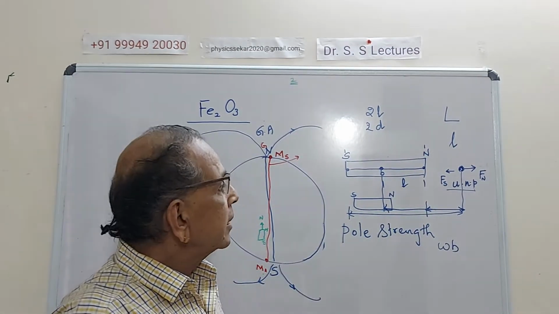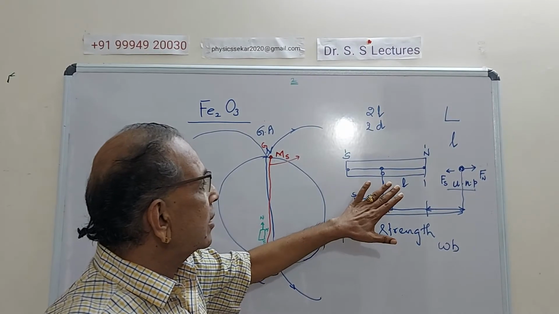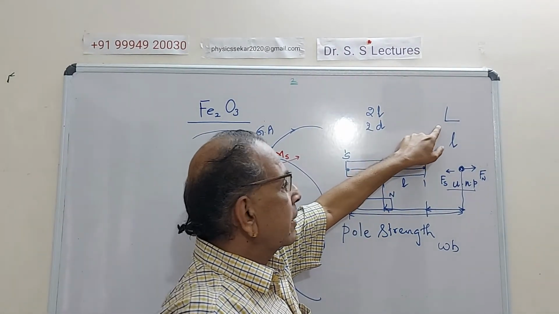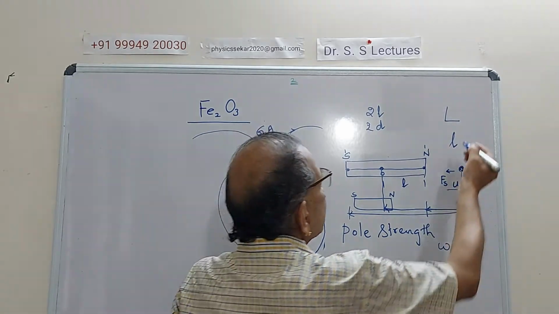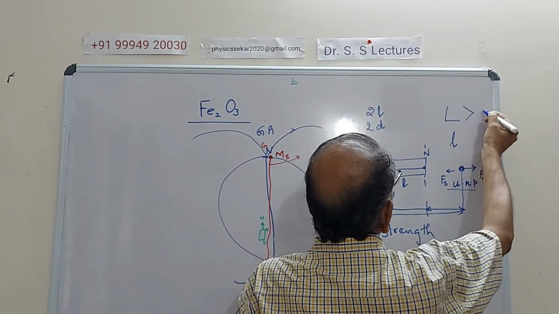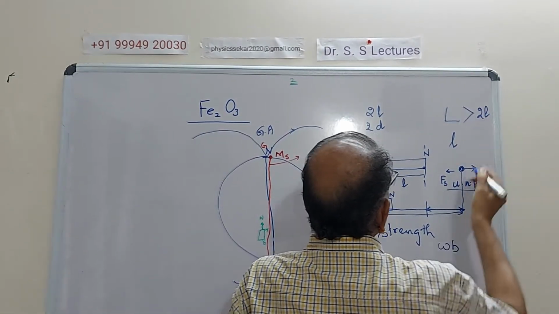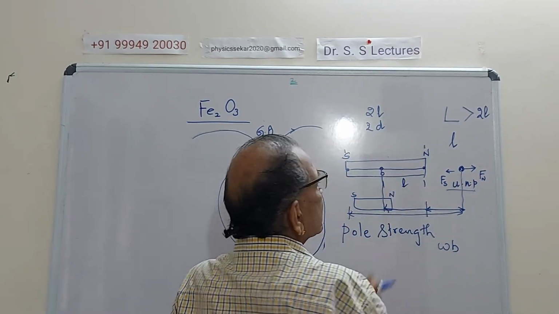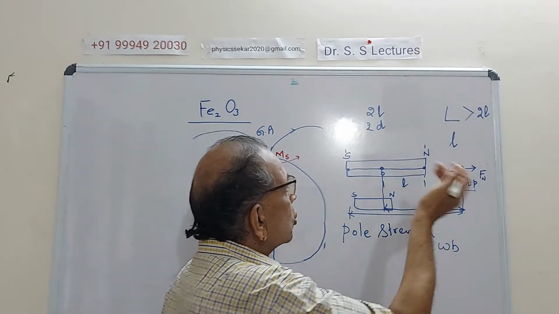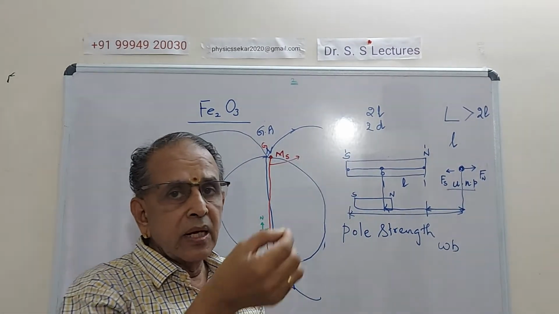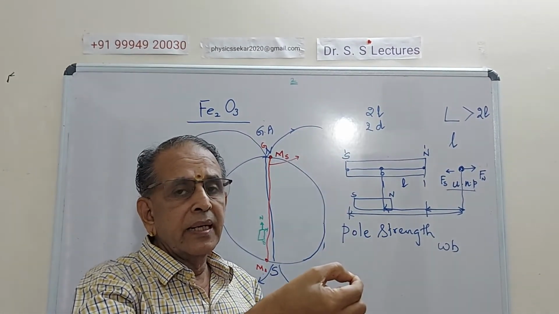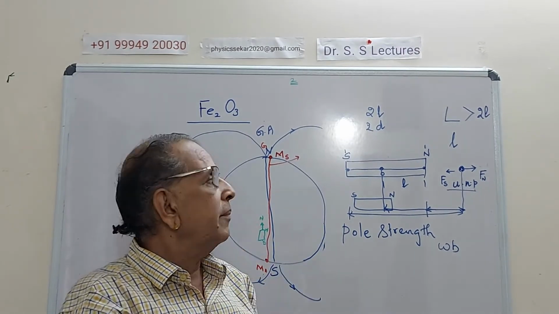So remember, in this aspect we have learned the length. Capital L represents the geometrical length. You should always remember that L is always greater than 2l. 2l is the total length of the magnet. Otherwise, total 2d you can take. The distance between the north polarity in the magnet and the south polarity in the magnet.